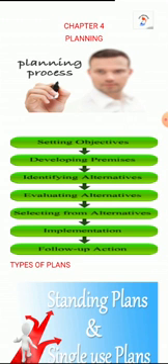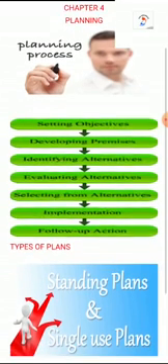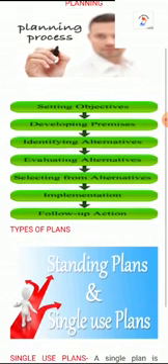Third process, identifying alternative courses of action. Once objectives are established and assumptions are made, the next step is to determine alternative courses of action which may be used to achieve the set objectives. There is hardly any plan for which alternatives do not exist. Generally, there are many alternatives to achieve the objectives, and the manager must know all the ways to reach the objectives.